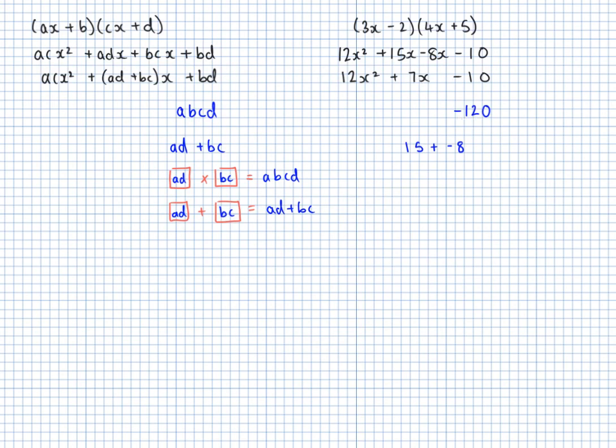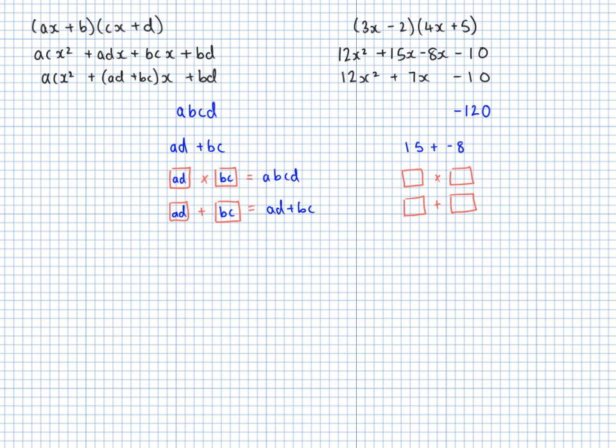So let's just check that. I would have my two boxes multiplying together, and if I add them, this should give me 15 plus -8, which is 7. Because we have numbers here, we can simplify it, and here we didn't know what the numbers were, so we couldn't simplify.